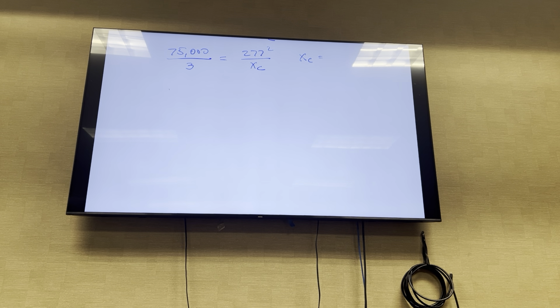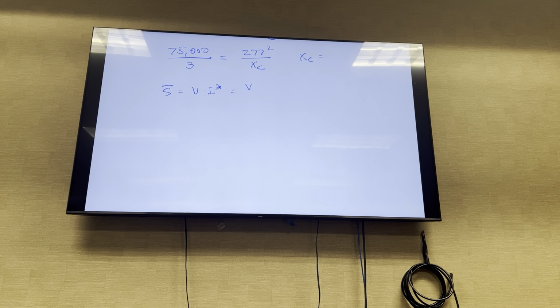If I look at S complex conjugate, it is V times I complex conjugate, which is V times V complex conjugate over Z complex conjugate, which is equal to V squared over Z complex conjugate.